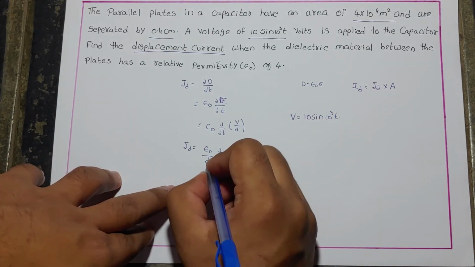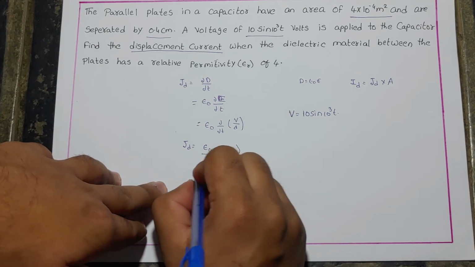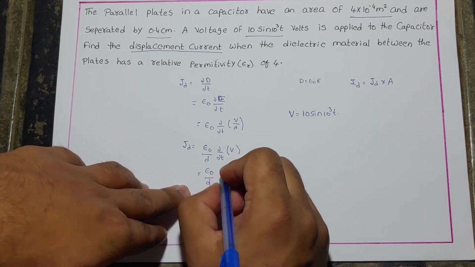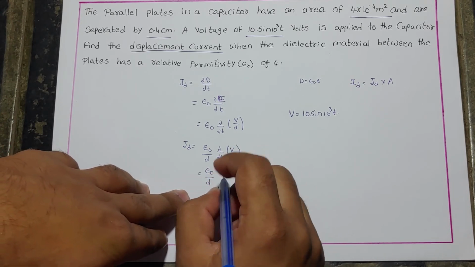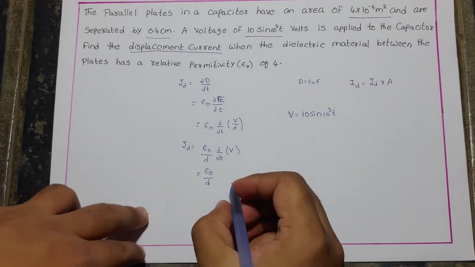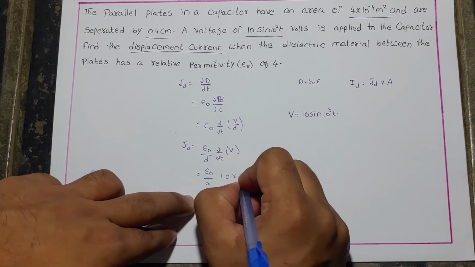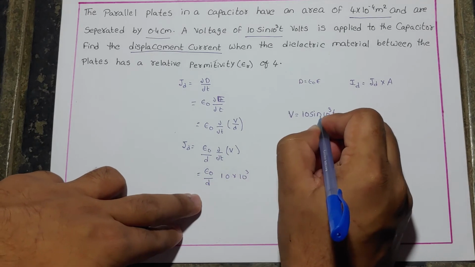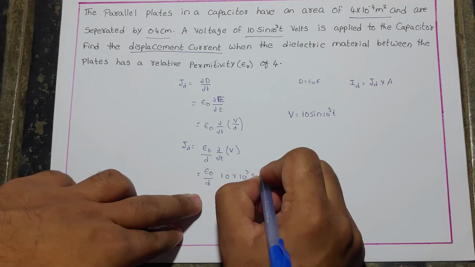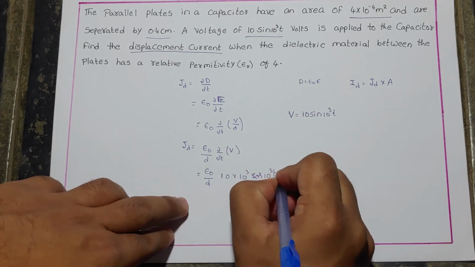So differentiation of v with respect to t, that is epsilon by d times dou v by dou t, is equal to 10 into 10 cube as it is the coefficient of t, times differentiation of sine, which is cos 10 cube t.